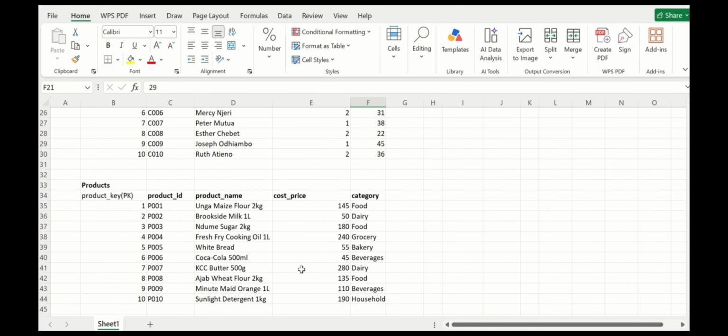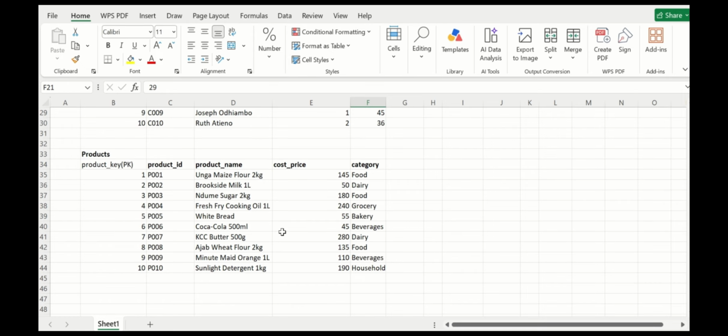So let's move to this other table. You can see there's data redundancy here. Food is repeated, dairy is also repeated, so there's kind of a duplication of data.